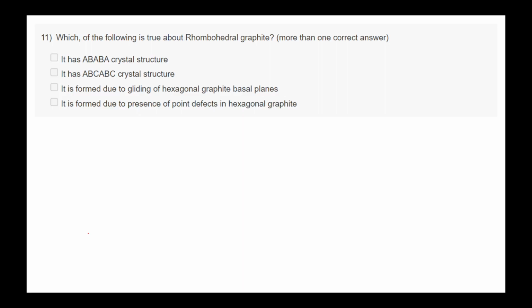Which of the following is true about rhombohedral graphite? I have explained this, so now you can answer very quickly.